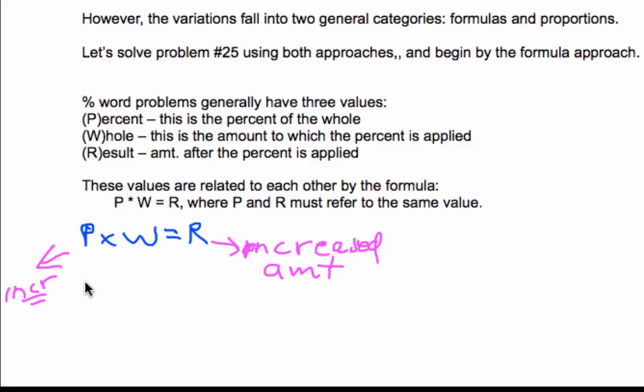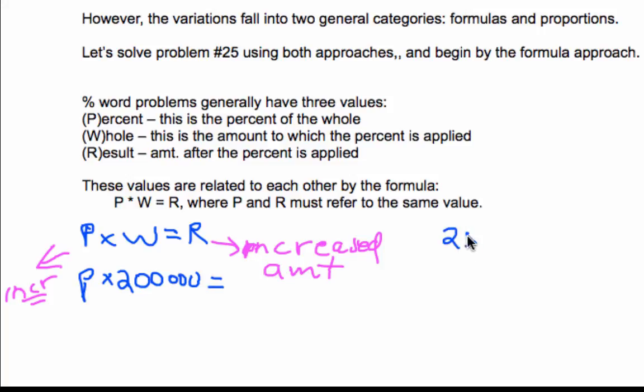So we're solving for P, and we want to know what is the percent of the home that raised the price to $250,000. So the percent of the whole is going to be the percent of the $200,000.